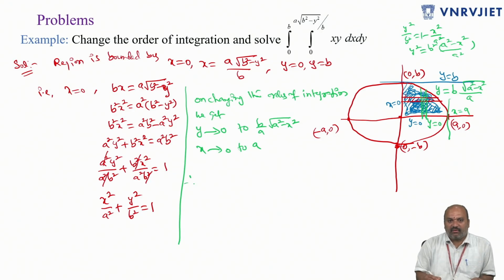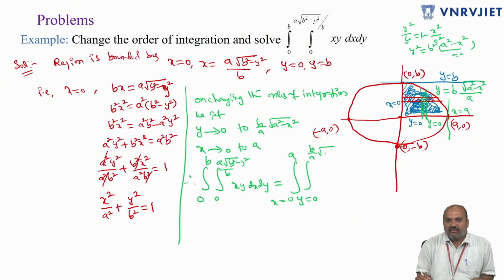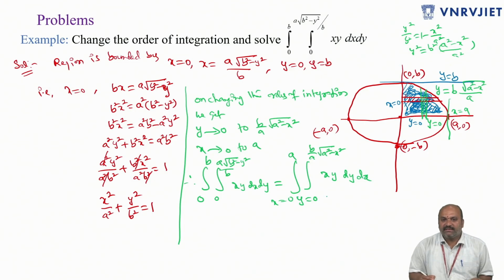Let's evaluate the integral. The double integral from 0 to b, integral from 0 to a root over b square minus y square divided by b, of xy dx dy, is equivalent to the integral x from 0 to a, integral y from 0 to b by a root over a square minus x square, of xy dy dx.